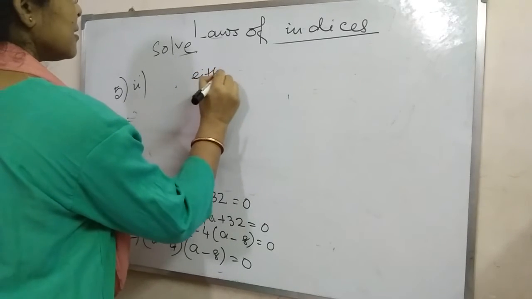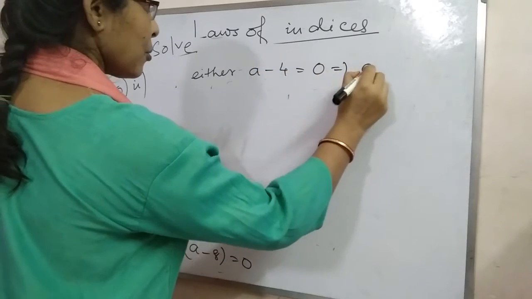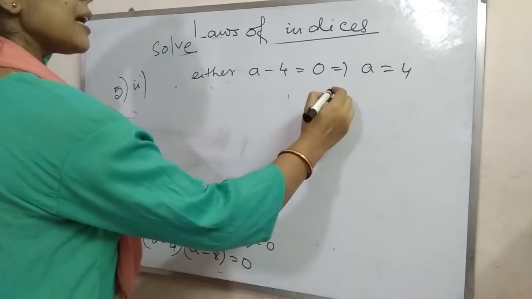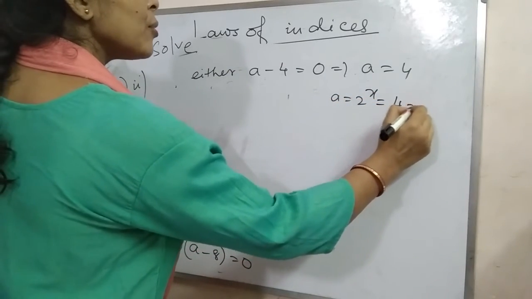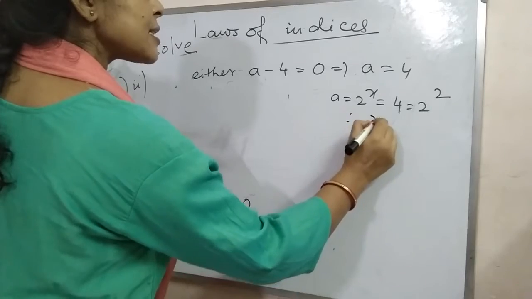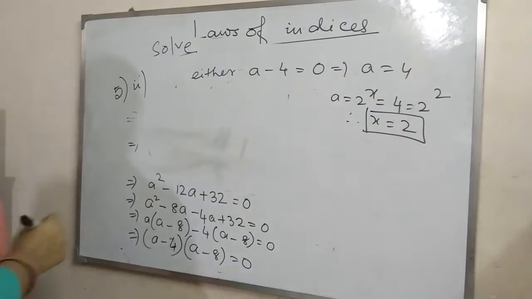Either a minus 4 equal to 0, that is a equal to 4, but I have a equal to 2 to the power x equal to 4 equal to 2 to the power 2, that is x equal to 2. From here I will get x equal to 2.